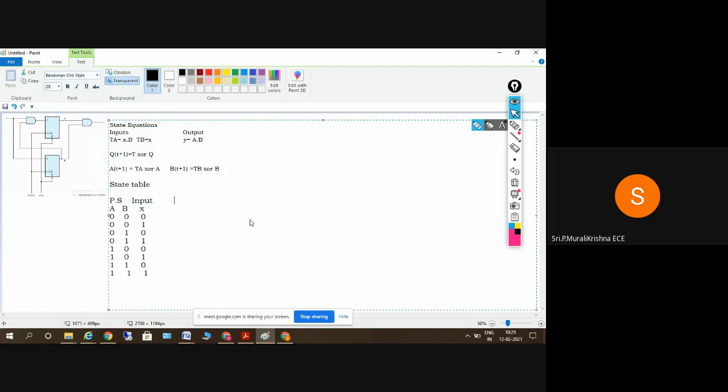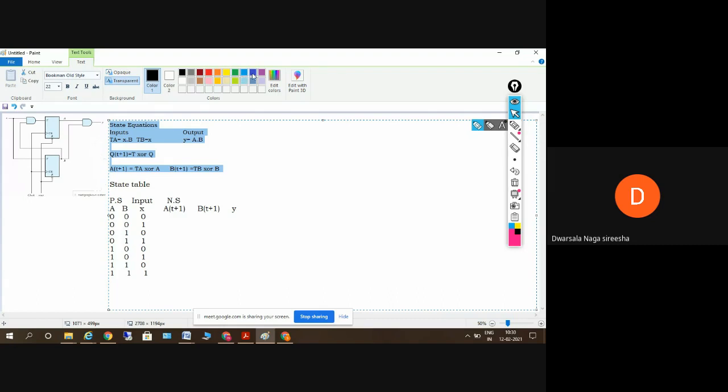Next we'll have the next state, a of t plus 1 and b of t plus 1, and we have the output, that is y. Substitute these values here. Is it visible?